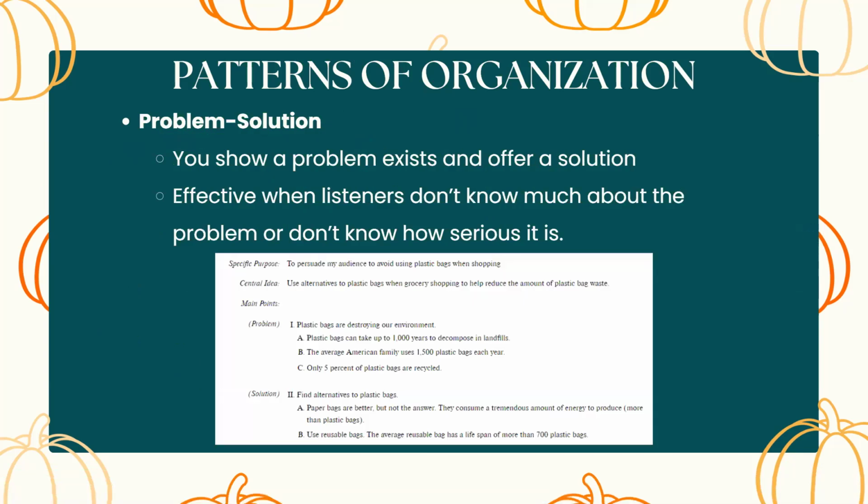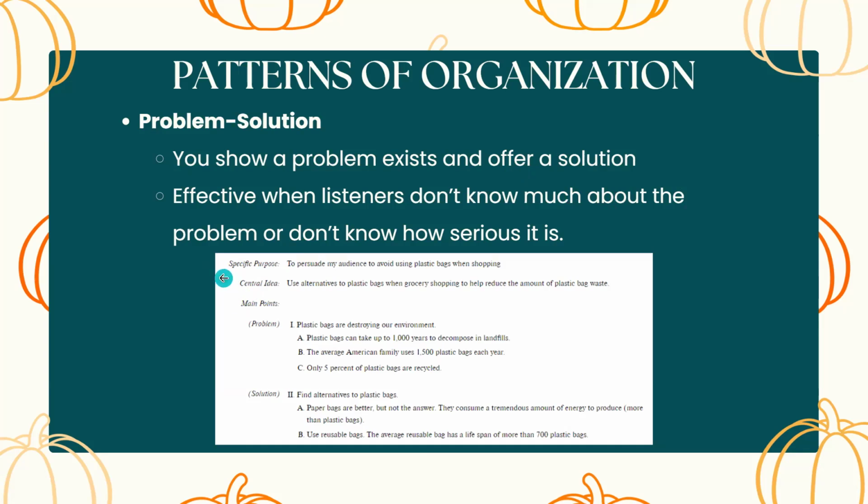Next is problem solution. So you show a problem exists and you offer a solution. Easy peasy. Especially effective when your listeners don't know much about the problem or don't know how serious it is. So our specific purpose is to persuade my audience to avoid using plastic bags when shopping.